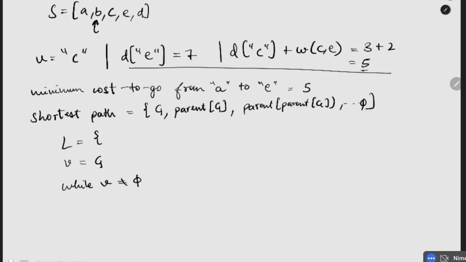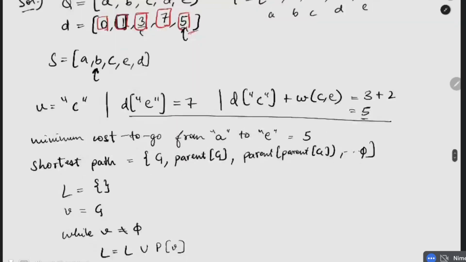let's say this is empty here, so that we maintain difference. We keep appending the parent of V into L, and then we update V as the parent so that we look for its parent in the next iteration.